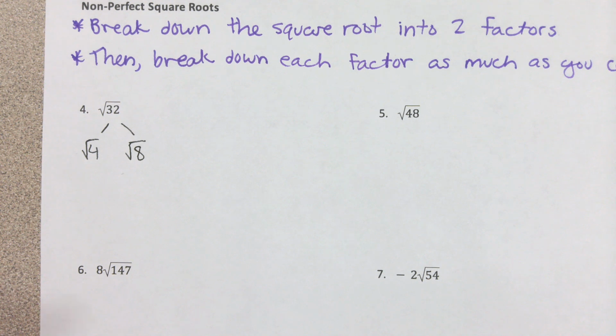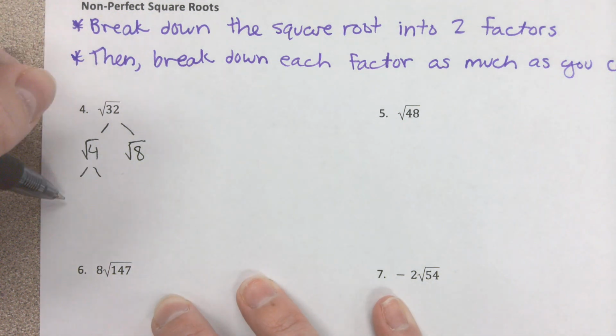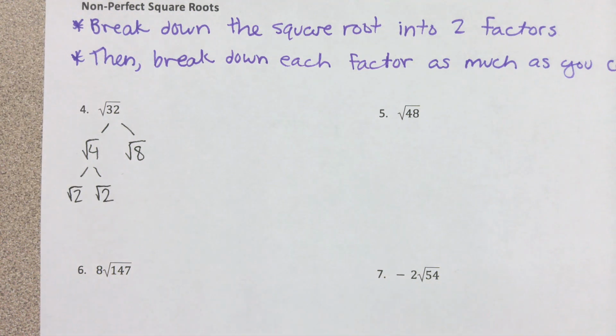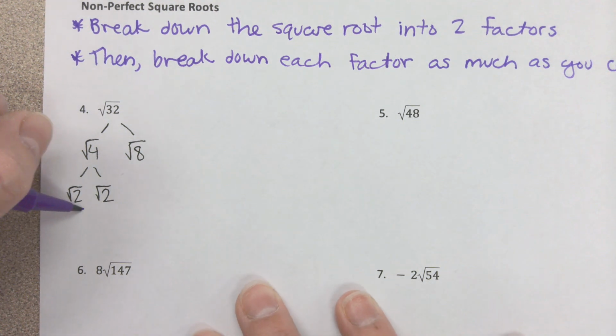And you can write those in either order. The goal is to keep breaking these numbers down as much as we can. So the 4 we can break down into 2 and 2. The 2's can't be broken down further without using 1 in itself. So we're going to stop those there.